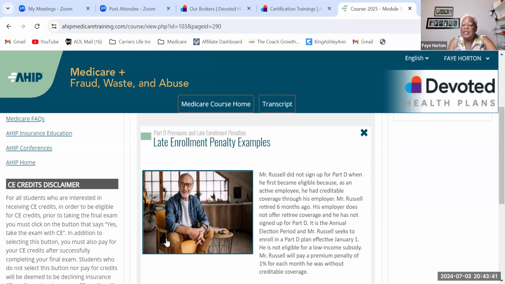His employer does not offer retiree coverage, and he has not signed up for Part D. It is the annual election period, and Mr. Russell seeks to enroll in a Part D plan effective January 1. He is not eligible for a low-income subsidy. Mr. Russell will pay a premium penalty of 1% for each month he is without credible coverage.